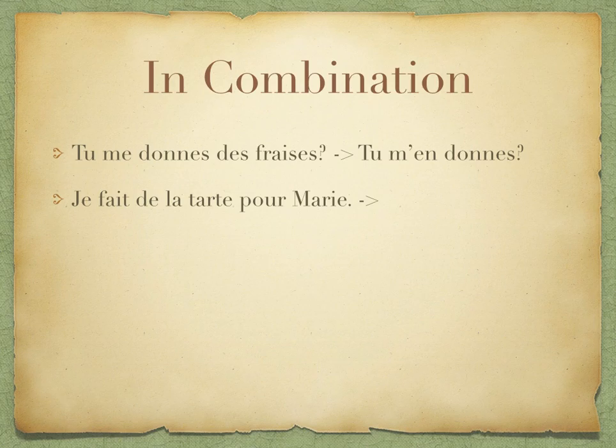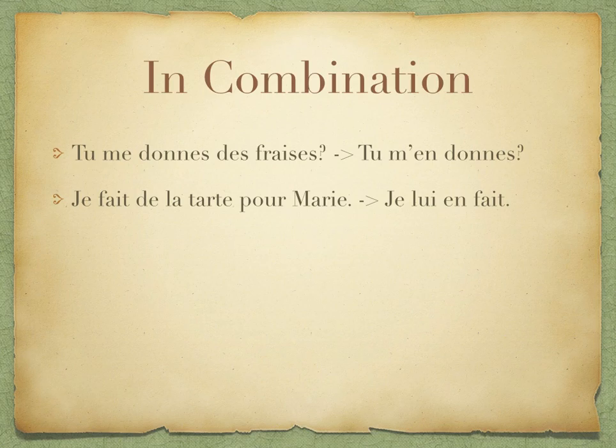Remember, when we're talking about indirect objects, while we normally ask "to whom," as long as we're making something for someone, we can still include that as an indirect object. Je lui en fais.